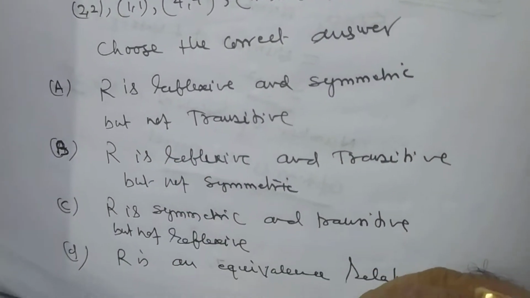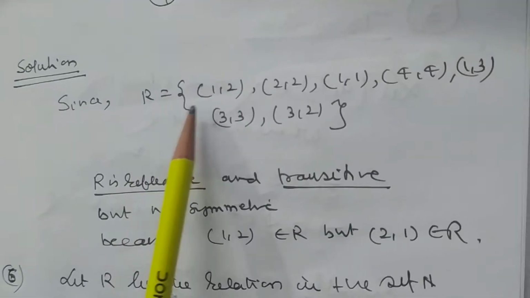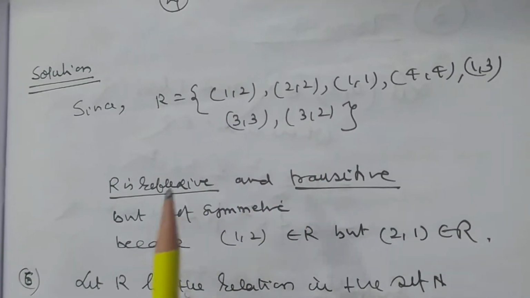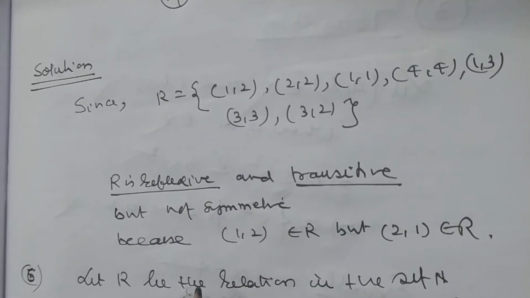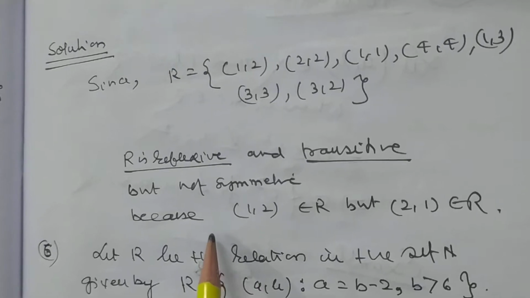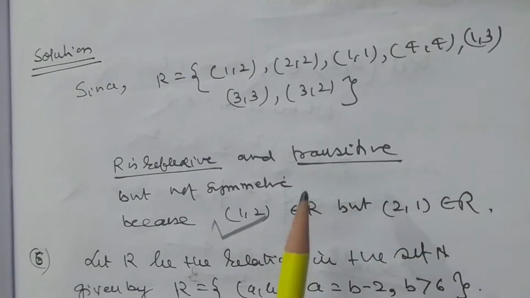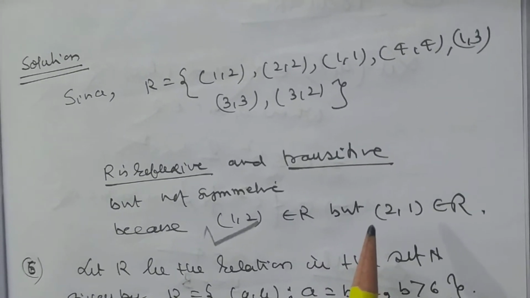So there are 4 options. My dear students, now see, R is reflexive and transitive, but not symmetric. Symmetric, why? Because (1, 2) is present, but (2, 1) is not present.